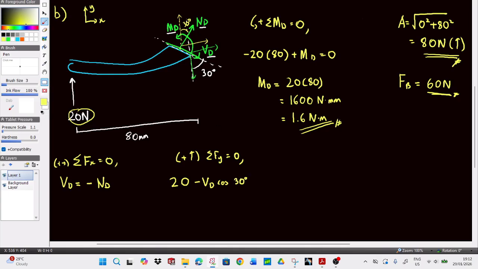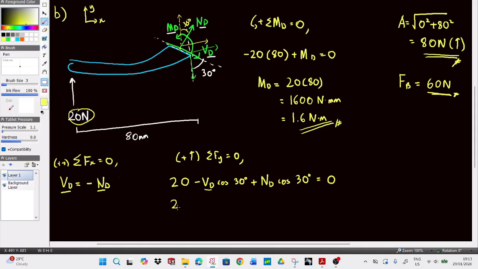And ND, because it's going upwards with cosine 30, would be plus ND cosine of 30 degrees equals 0. Here's the catch: remember that in our expression VD equals negative ND, I'm going to substitute VD with negative ND.